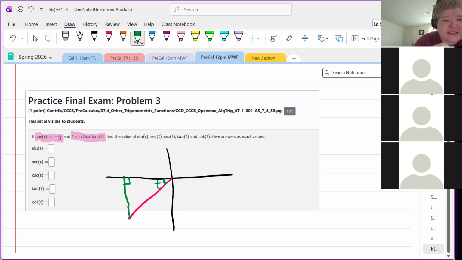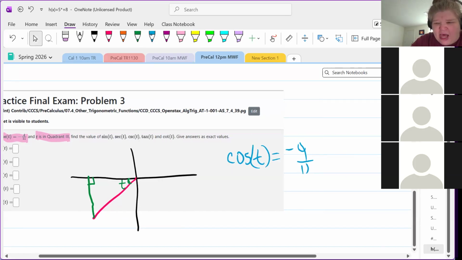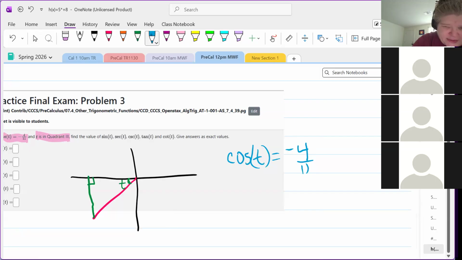Now they told us the cosine of T, the cosine of angle T is -4/11. Now let me be very clear here, because I had a lot of people, not just a few, but more than a few, decide that this sentence meant the angle is -4/11.